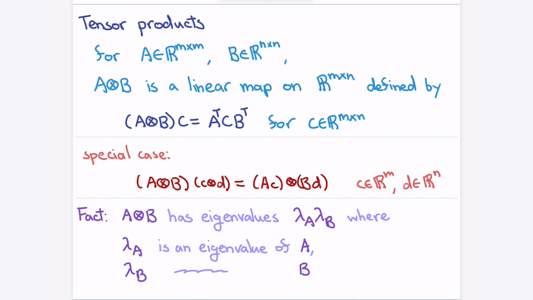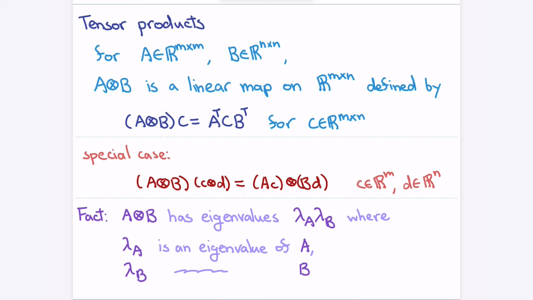So, just by working through this, you can show the eigenvalues. A has certain eigenvalues and B has certain eigenvalues. You might ask, what are the eigenvalues of A tensor B? And they're what you would hope. You'll get a bunch of lambda A's times lambda B's.